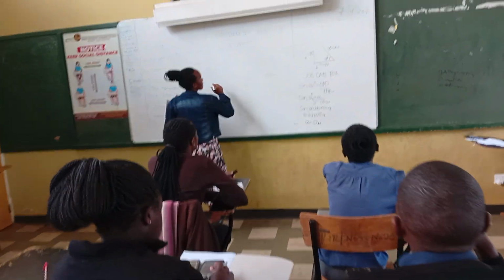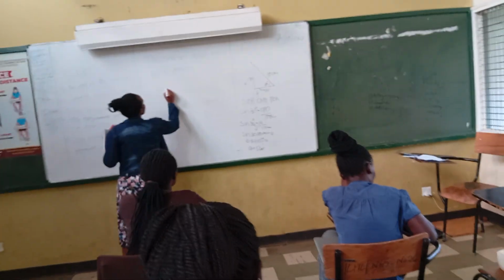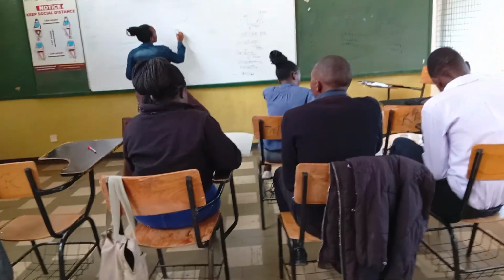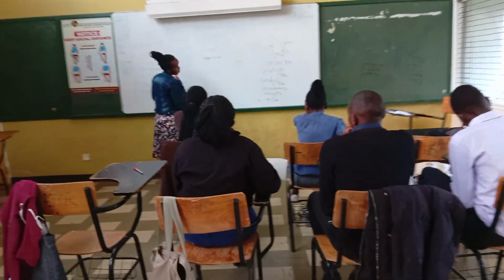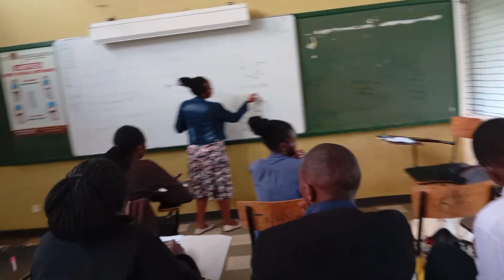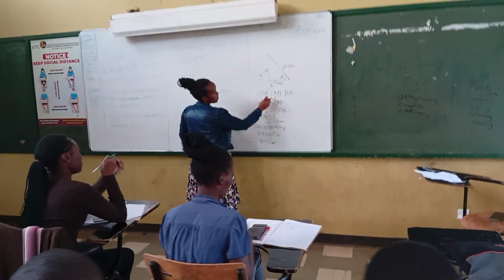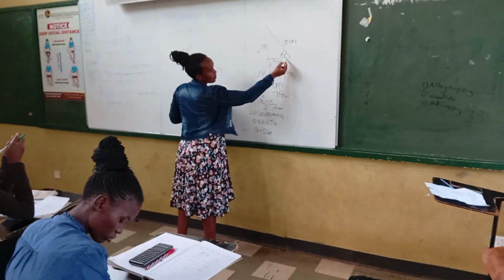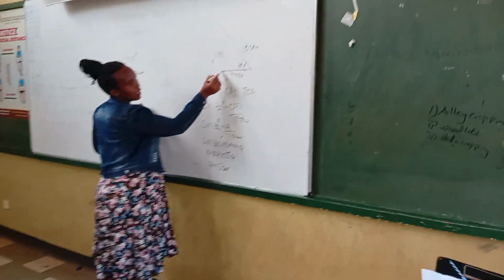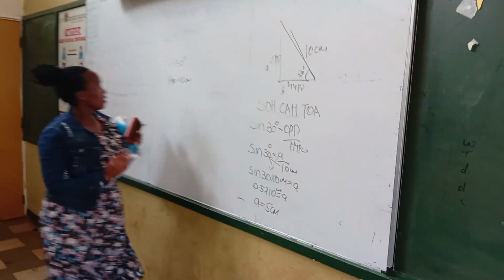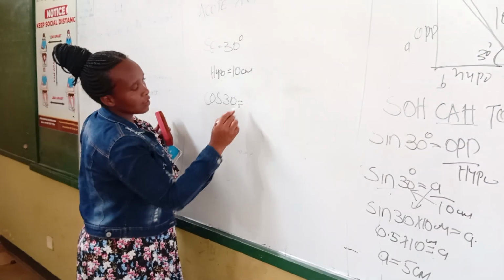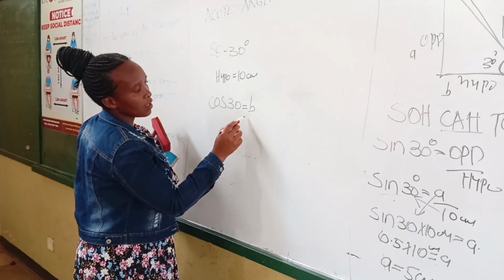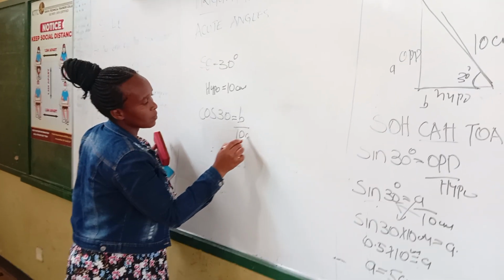For B, we have theta, which is 30 degrees, and hypotenuse 10 centimeter. We use cos theta, which equals adjacent over hypotenuse. So cos 30 equals B over 10 centimeter.